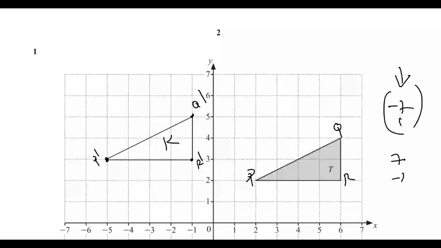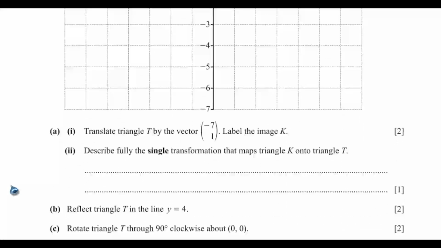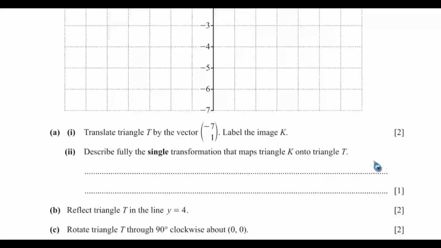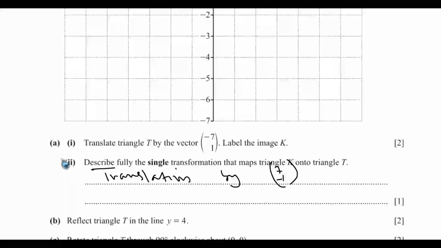So that is what it will be. And if you check the mark here, you have only one mark for this, because this is pretty easy. Okay, so it's going to be translation by 7, -1. Okay, so that is what we're going to have there.